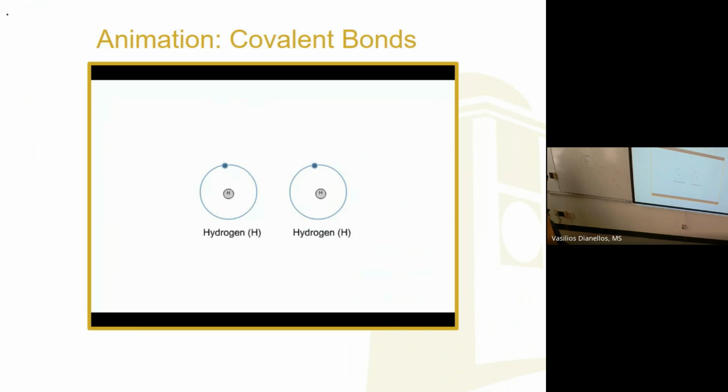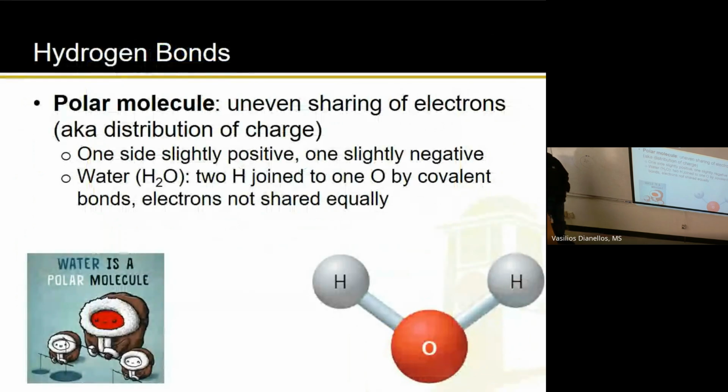Let's talk about the third and final type of bond, hydrogen bonds. Before we talk about hydrogen bonds, you need a little bit of background information about polar molecules. Like we mentioned earlier, we were talking about a polar covalent bond, right?